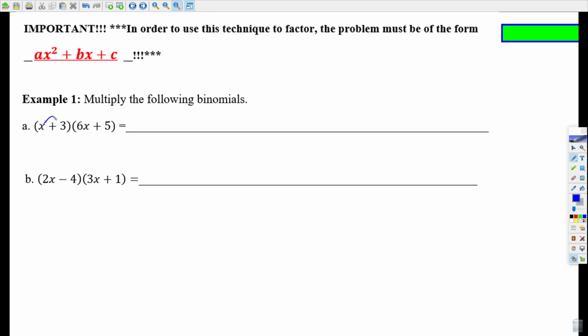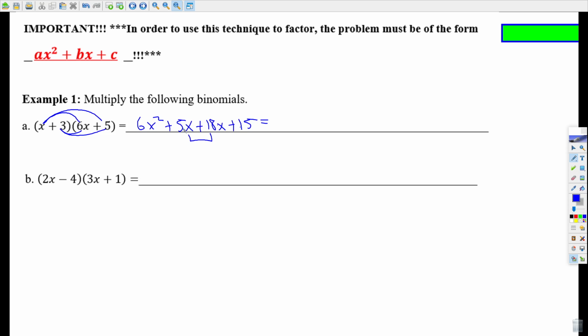Quickly, we can multiply these two together and get 6x squared. And this x goes with the 5, so that's plus 5x. Then 3 times 6x is 18x. And the last one we do is 3 times 5, 15. If you remember, what normally happens with this double distribution is that the middle 2 terms can be combined.